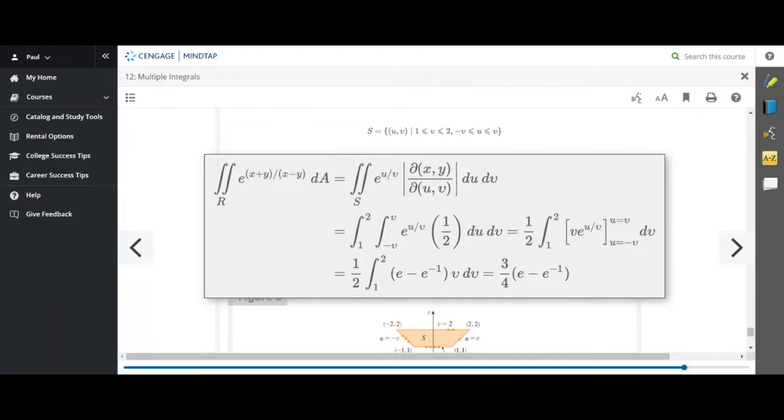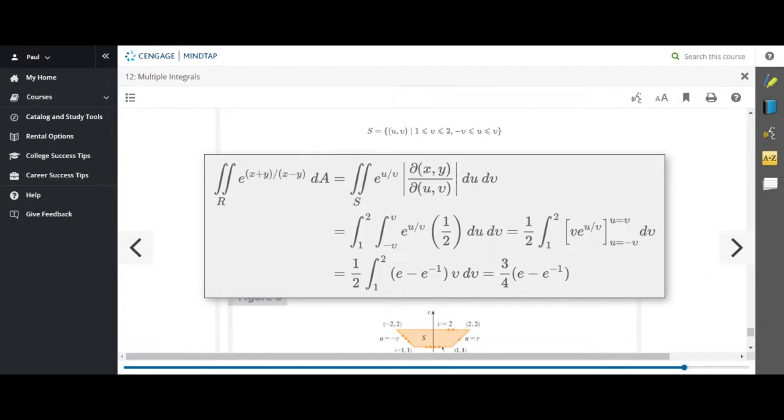So it's really a very lovely approach to do double integrals and triple integrals. This substitution concept is very nice, but of course, it only works in certain instances.